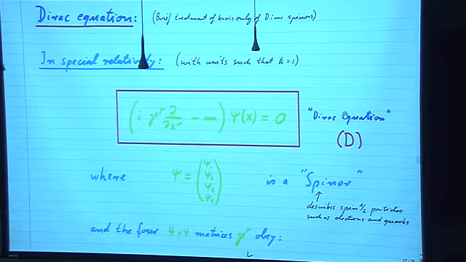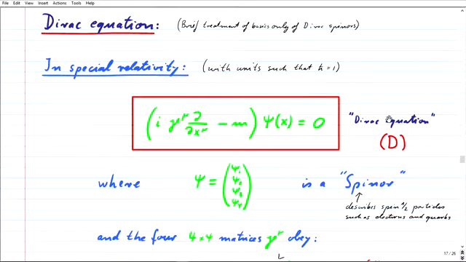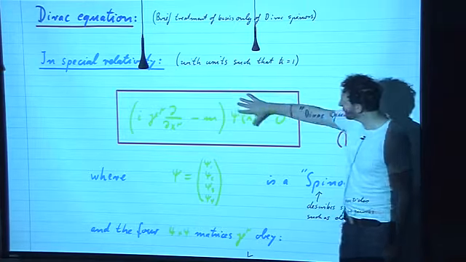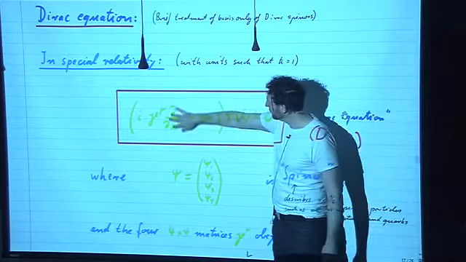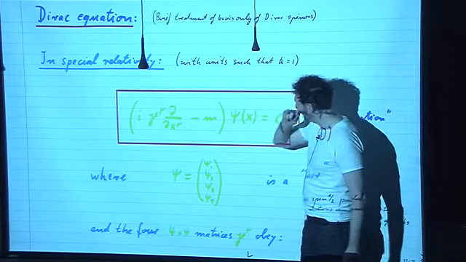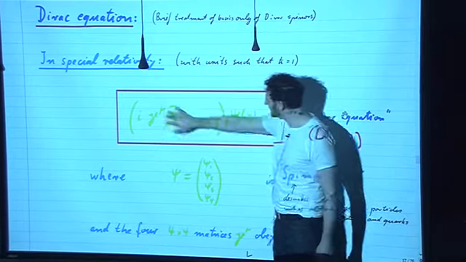And here's why. In special relativity, this is how the Dirac equation looks. Here we have the first derivatives, and they are contracted with the gamma matrices.